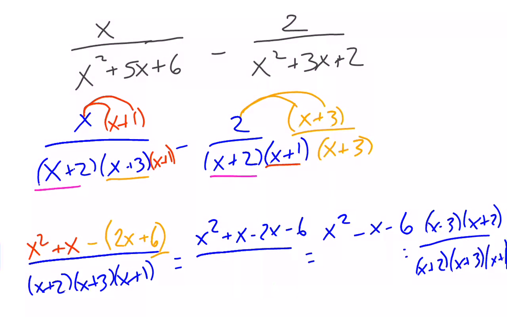Okay, kind of ran out of room, sorry. X plus 2, x plus 2. So my final answer is x minus 3 over x plus 3 times x plus 1.